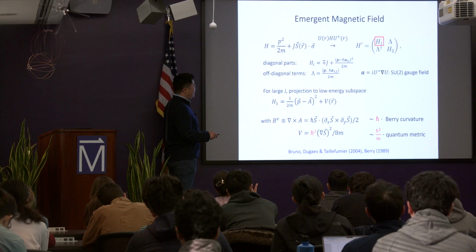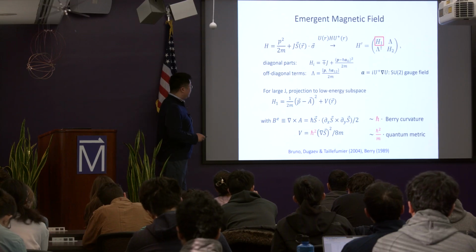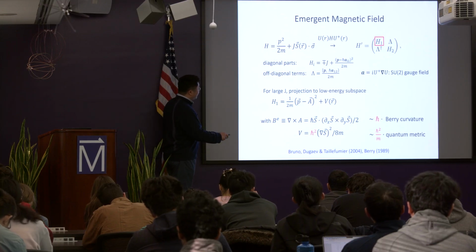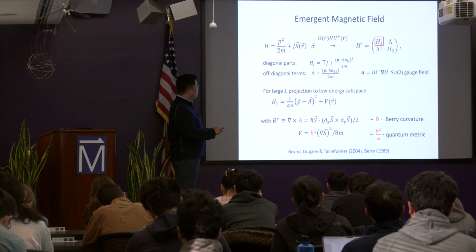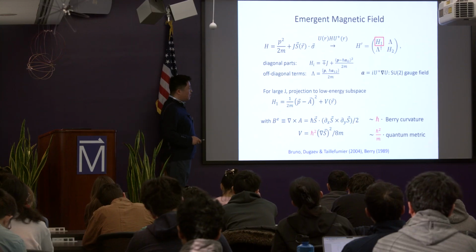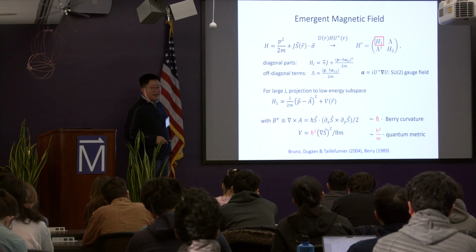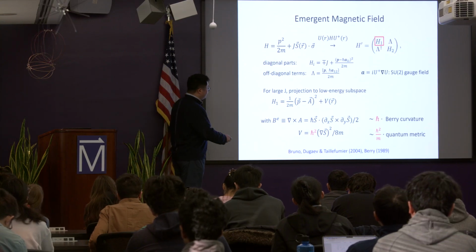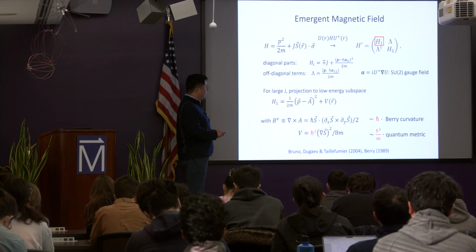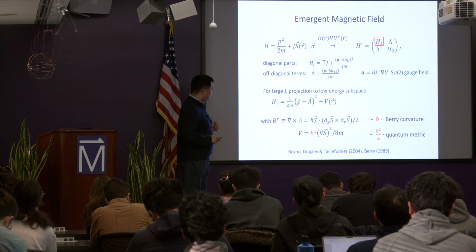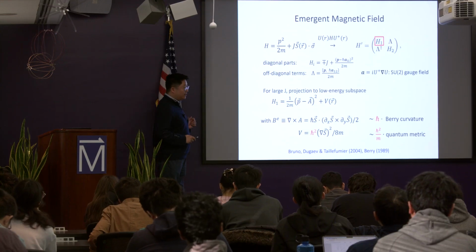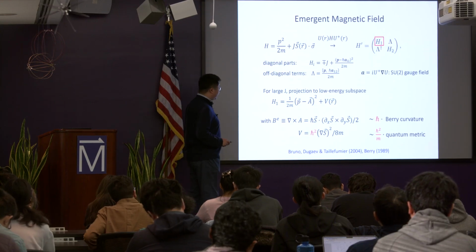This gauge field little a is an SU(2) gauge field. Now, when the coupling is very strong, all the low-energy degrees of freedom live in the upper block, H1. So in this case, we can neglect all the other parts of the Hamiltonian, and we arrive basically at a theory of an effectively spinless particle, but now moving in a gauge field and in a scalar potential.